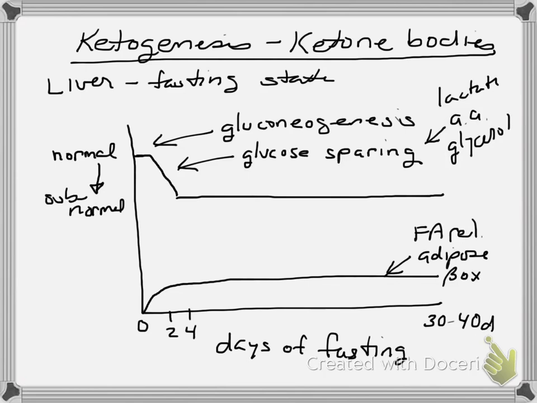This is also, of course, presupposing that there is a supply of adipose tissue in order to release fatty acids. Once we start getting out into long-term starvation states, 30 to 40 days, now we start running into other physiological problems. But as long as we have adipose tissue, we can have fatty acid release, which can supply some much-needed energy substrates for especially skeletal muscle.